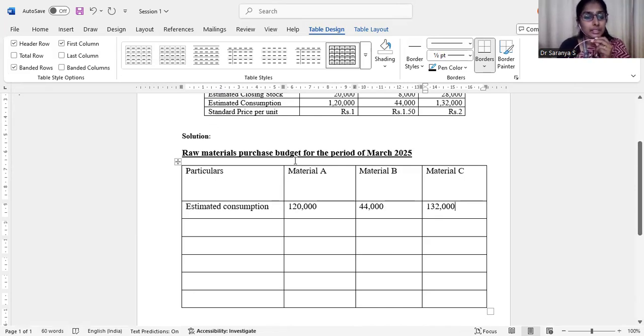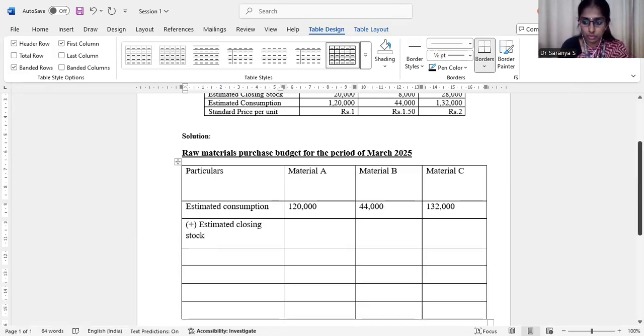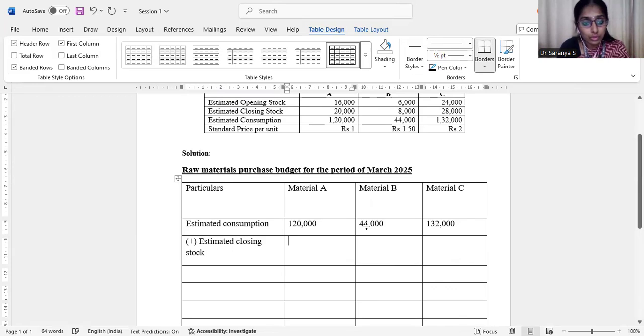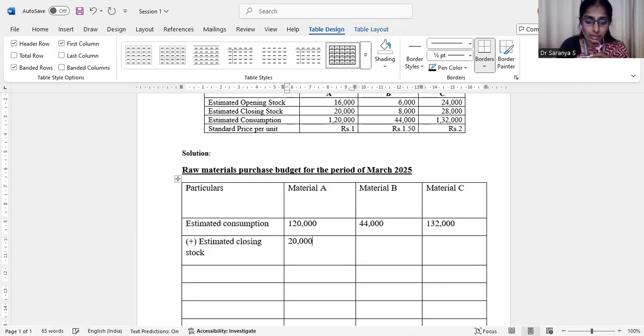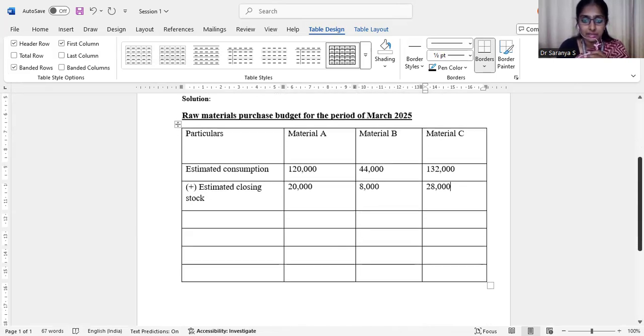Now the next point is we have to add the estimated closing stock. Estimated closing stock is also given in the question, as the second point. You can see it. Estimated closing stock for material A is 20,000, material B is 8,000, and for material C it is 28,000. Now we will add it.